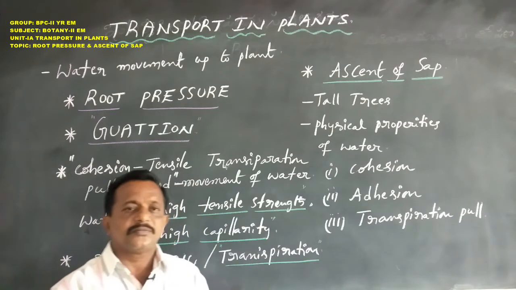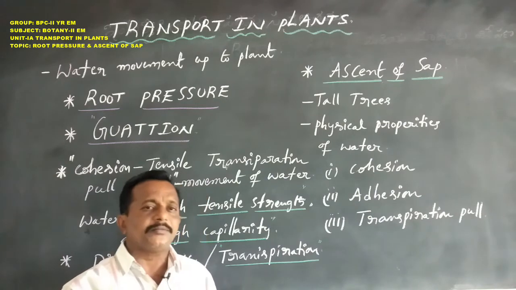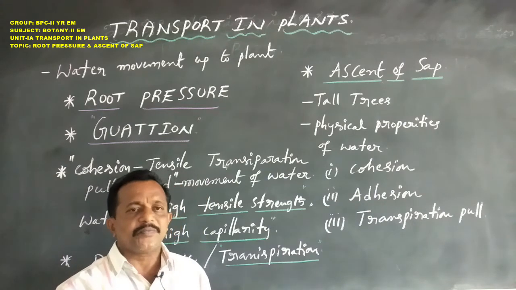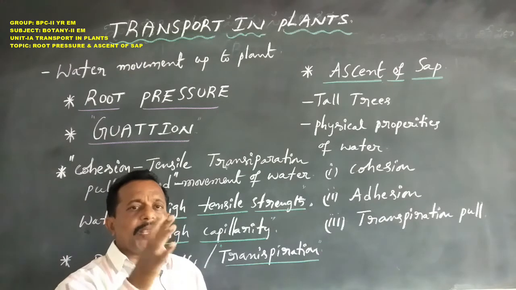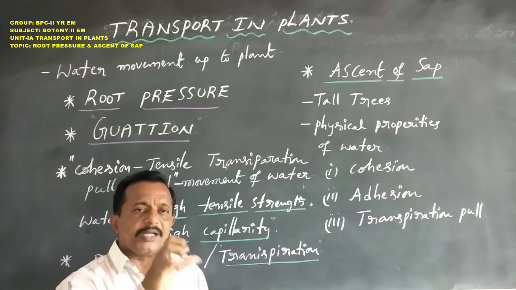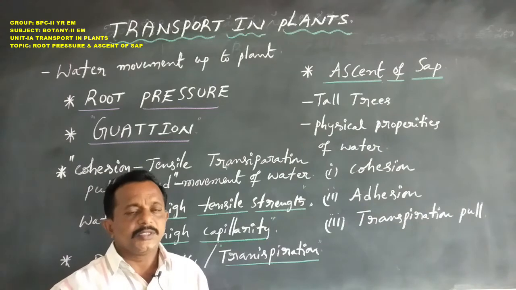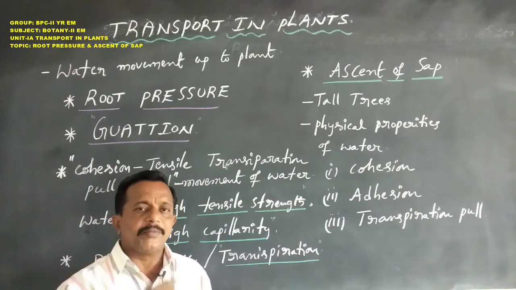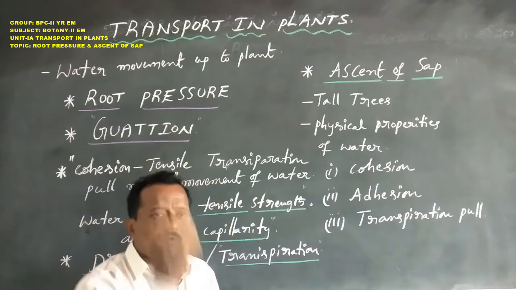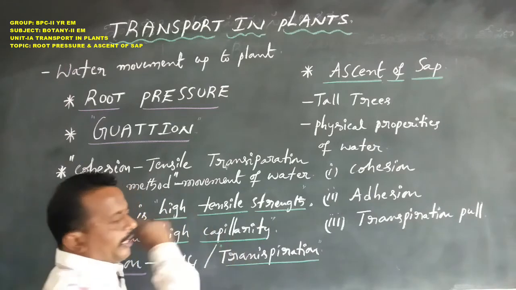The loss of water from the aerial parts of the plant body in the form of vapor is known as transpiration.